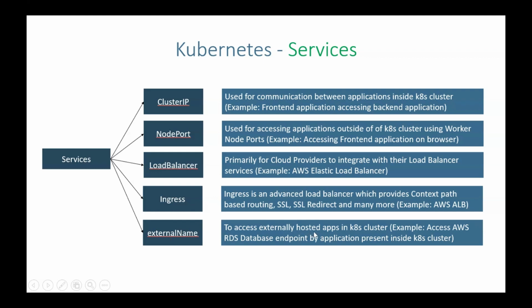If you have to access some services from the cloud in your Kubernetes cluster, like an AWS relational database endpoint, then you can use the ExternalName service. If I give you an example in Azure, if you have to use a service like a PostgreSQL database inside your Kubernetes cluster, you will have to create an ExternalName service to do that.